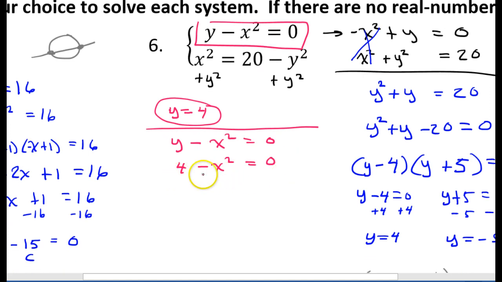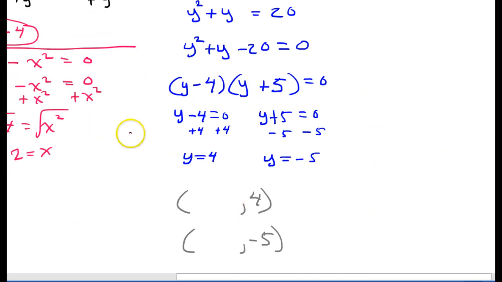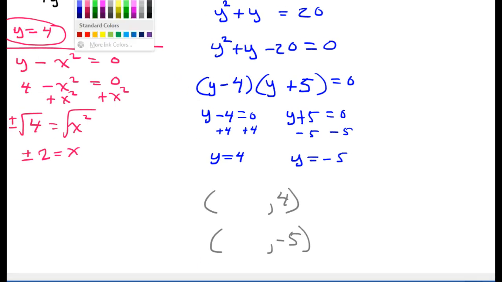If I were to add x squared to both sides, then I get 4 is equal to x squared. And if I take the square root of both sides, then I'm going to get x is equal to plus or minus 2. Well, that's two solutions for the price of one. So I have to be really careful with it because I got plus or minus 2.